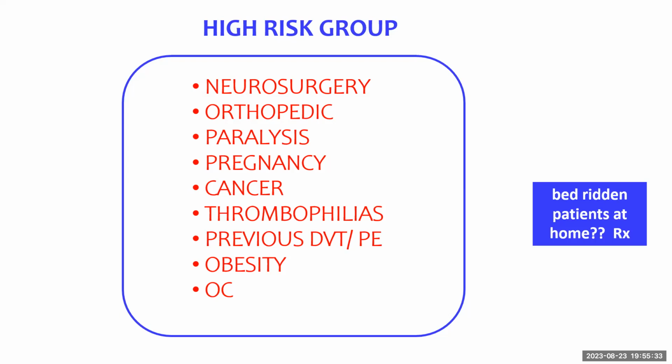Do we anticoagulate these patients? The answer is no, we don't have to anticoagulate these patients because it does not alter the prognosis. It does not alter the prognosis because these patients have underlying comorbid, serious diseases which predispose them to death. By giving them anticoagulation, you do not prolong their life.